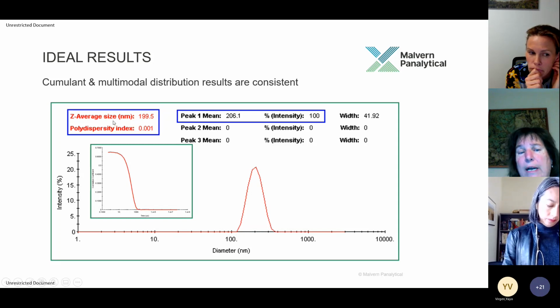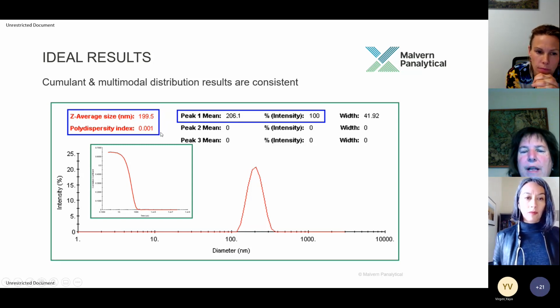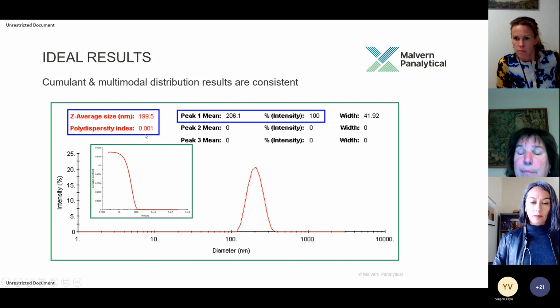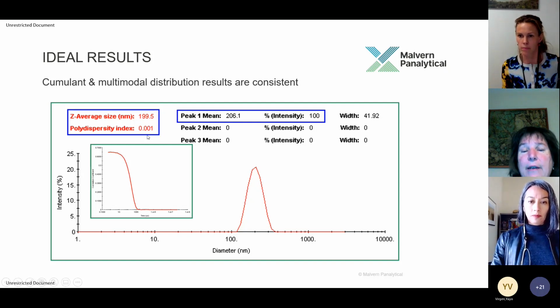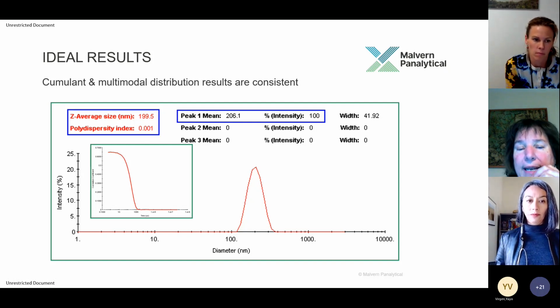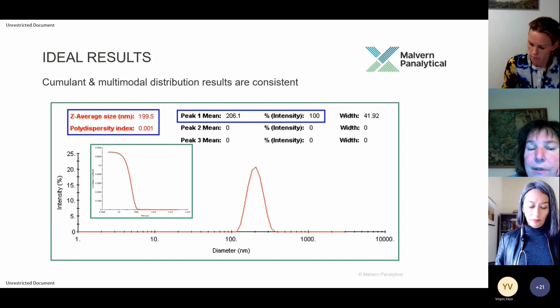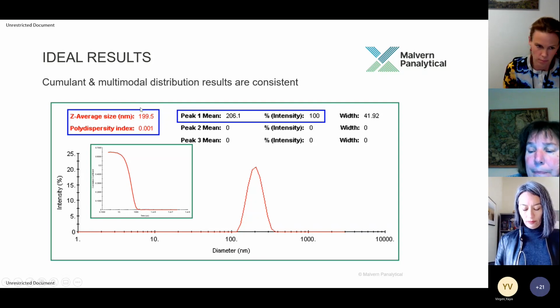Quite often I get questions about why the Z average size is smaller than the peak mean. You should know that when it comes to samples that are this monodisperse, anything from 0.08 and below, the Z average result is considered the best result to report.